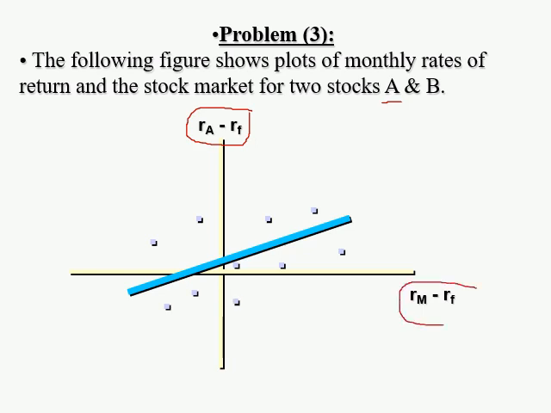And on the horizontal line is RM minus RF. That is the excess return of the market, or the return of the market minus the risk-free rate. And this blue line is the security characteristic line.